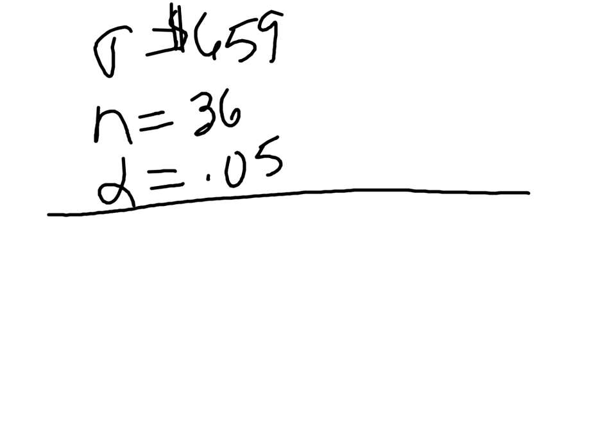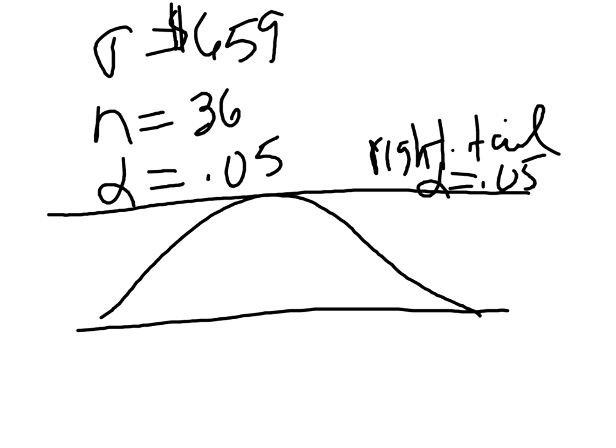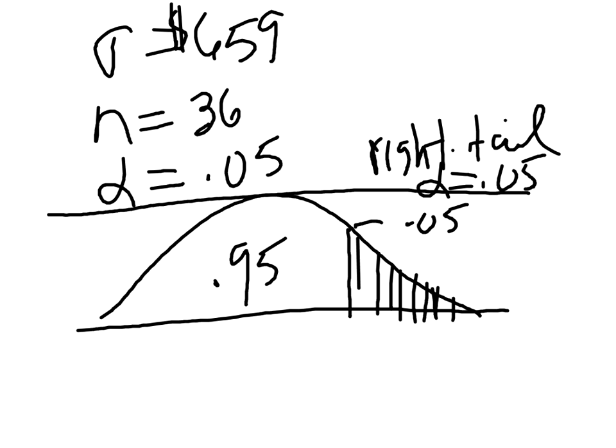What we're really doing here, as we saw before, is a right-tailed test at alpha equals 0.05. This is about what that looks like. And hopefully when I do this little extra work, it will make it clearer.